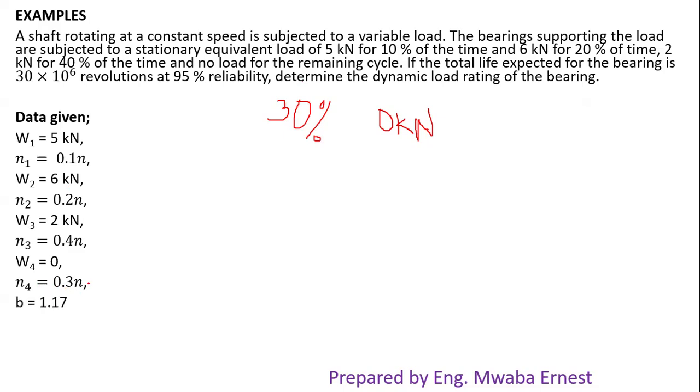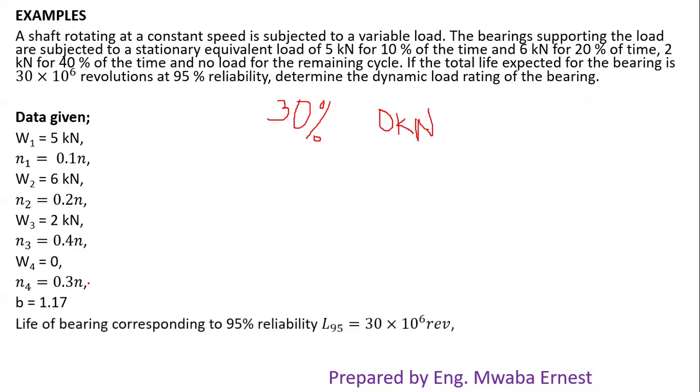Then B, this is the constant, standard constant 1.17. Then we have the life of the bearing at 95% reliability, which we're calling L95. It's 30 × 10^6 revolutions.